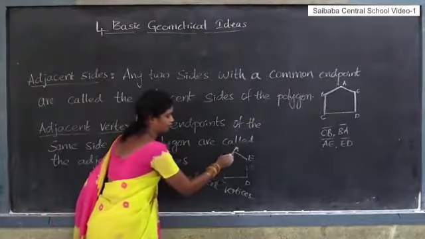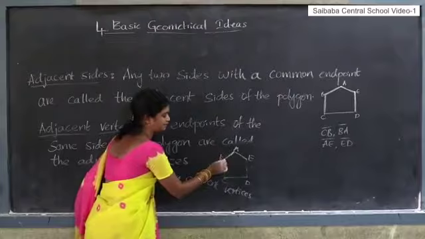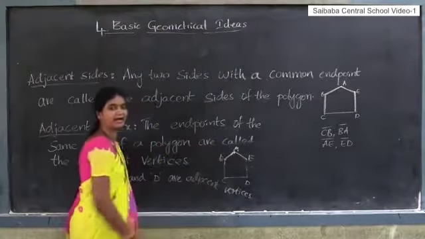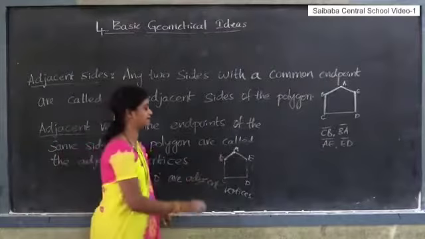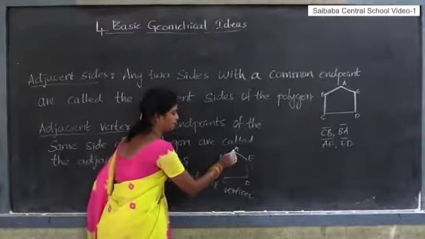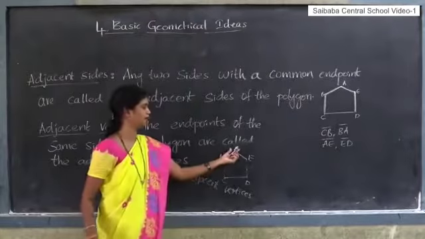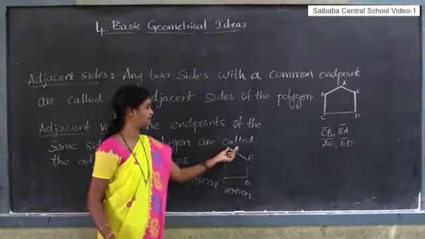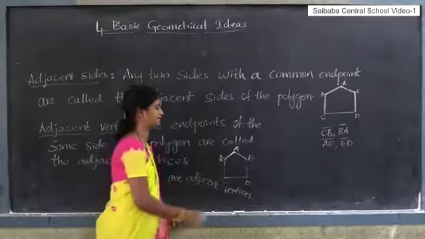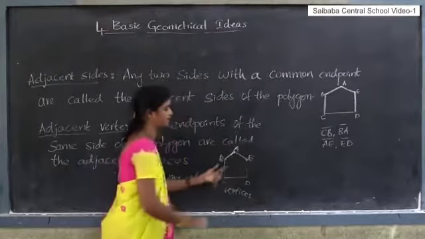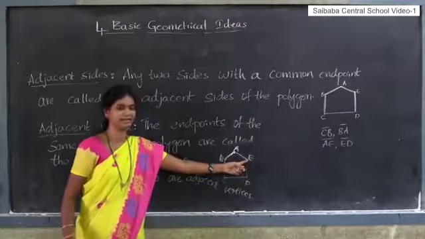If you take this side, the end points of the side are called the adjacent vertices. For the side AB, A is one point and B is another point. So A and B are called the adjacent vertices. And for A, E is also called an adjacent vertex.